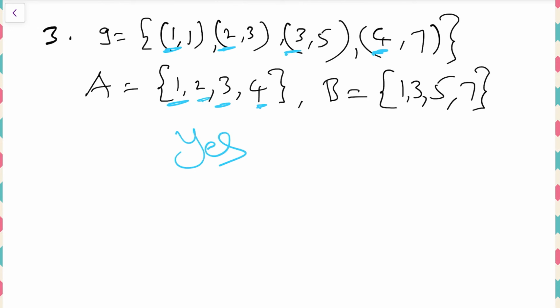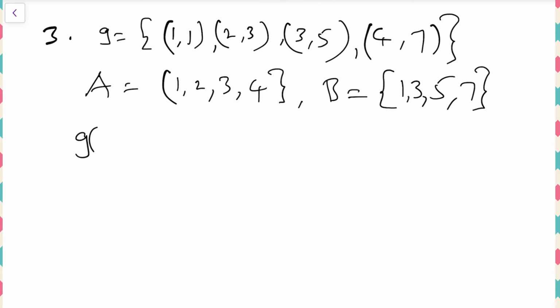Then he gave something else now again. If this is given by the formula g of x is equal to ax plus b, then find the values of a as well as b.